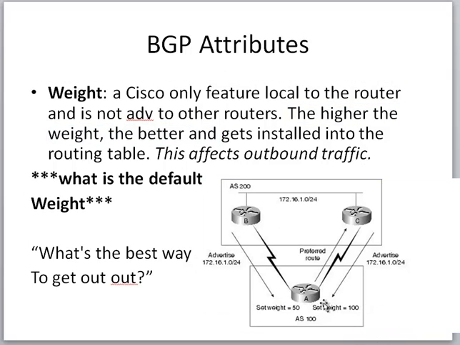So in my routing table, I'm going to put the route to get to router C as the best way to get to this network, 172.16.1.0, and in the BGP table as the second best way, I'll install the path to get to router B. So that will be a way that we will use weight.